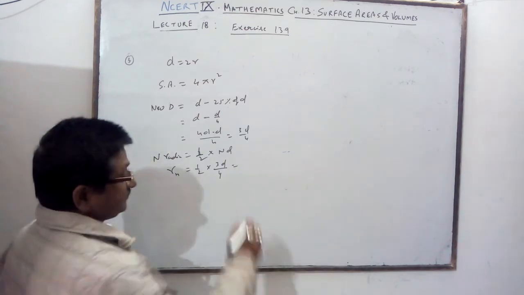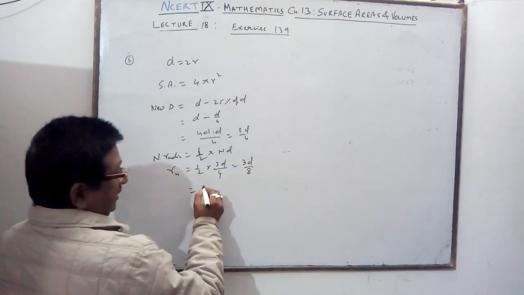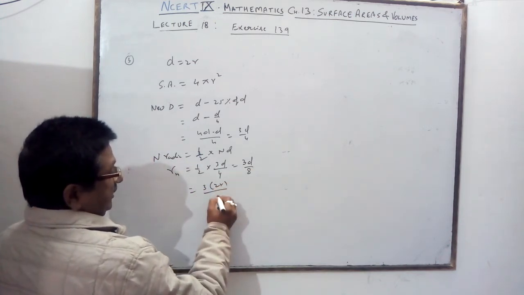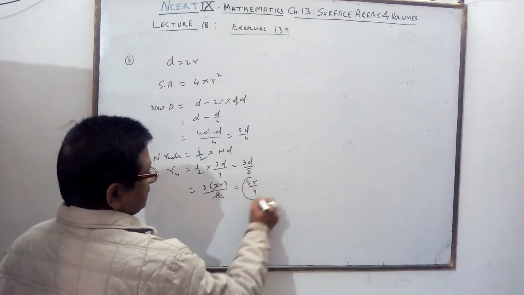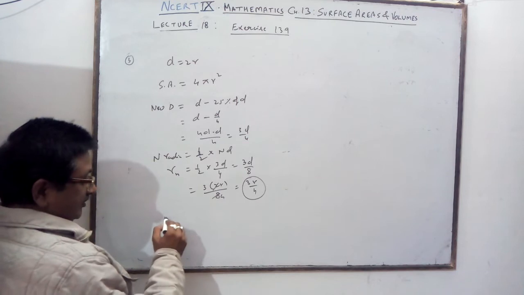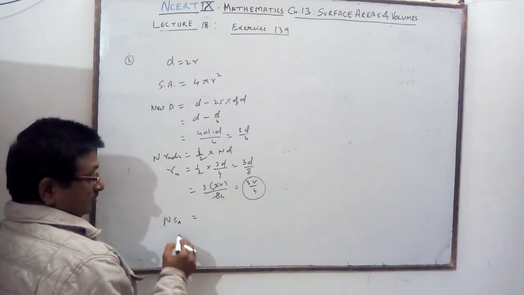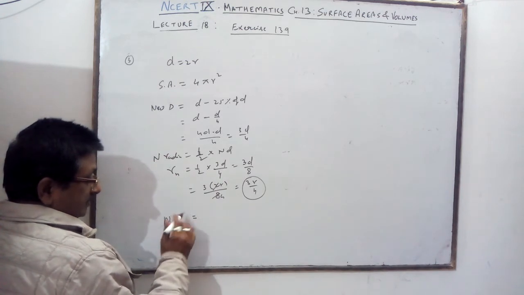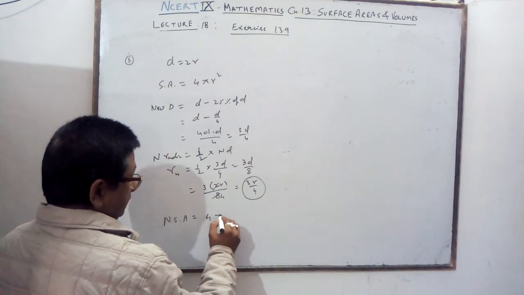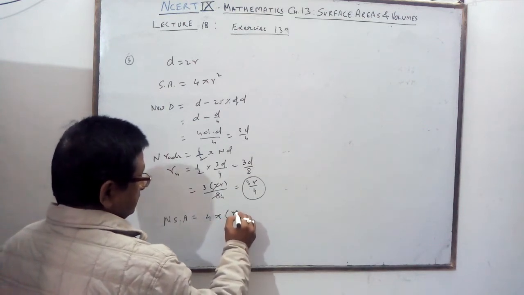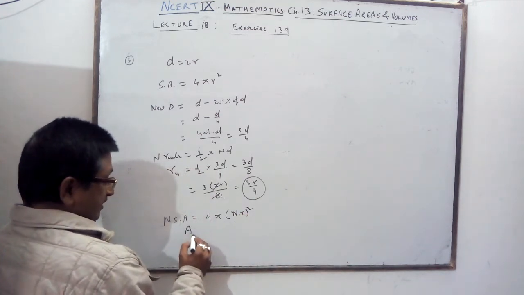What is d? You can write 3 into 2r upon 8, so 3r by 4 is the new radius. New surface area is equal to 4 pi times the new radius square.